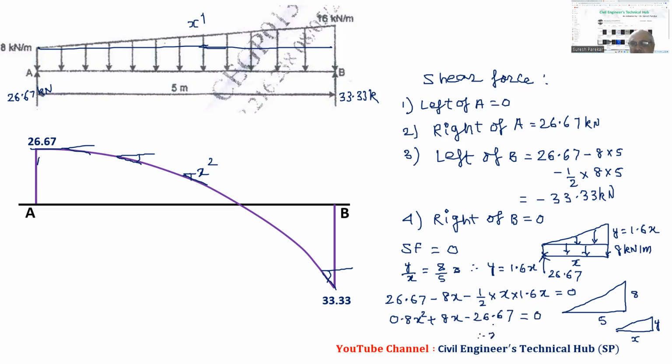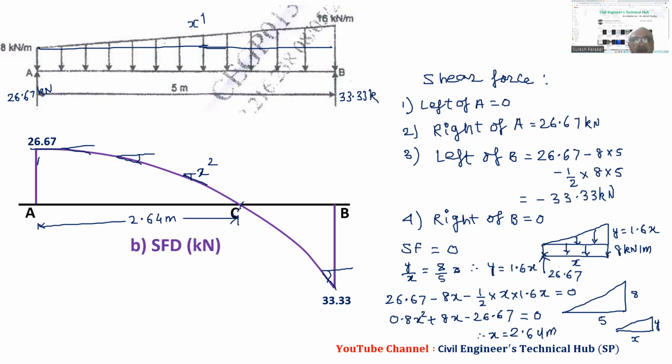And from this we will get the value of x, which comes to 2.64 meters. So this distance is 2.64 meters, and this is the point of maximum bending moment.